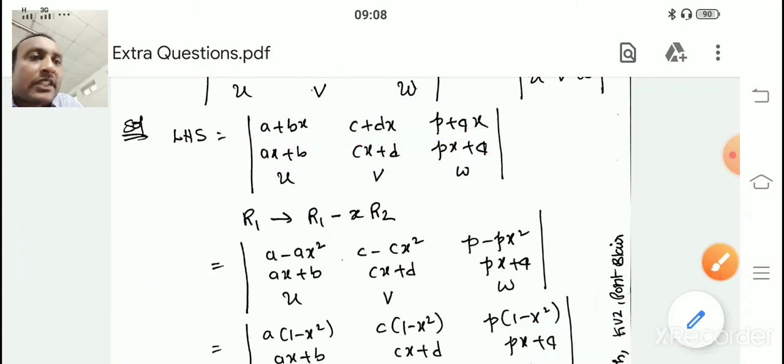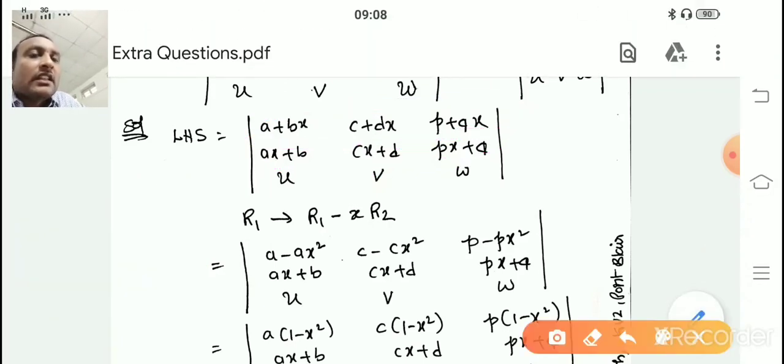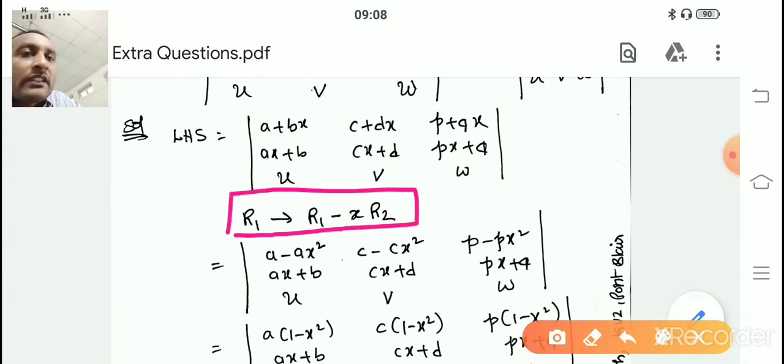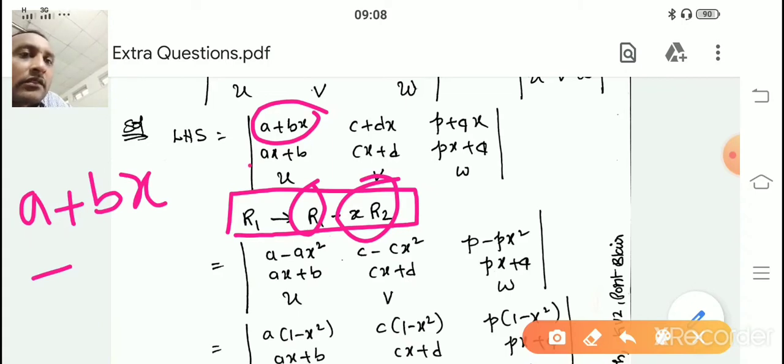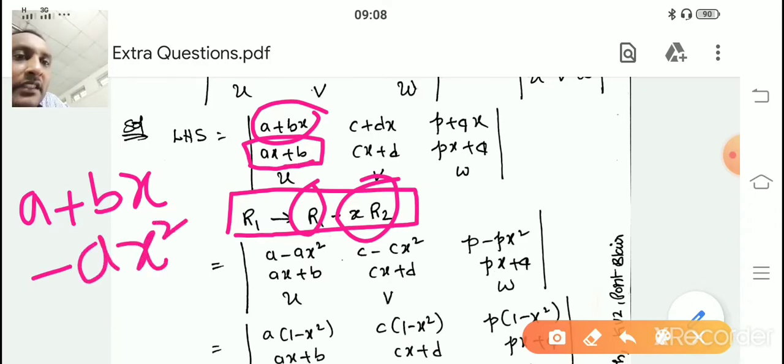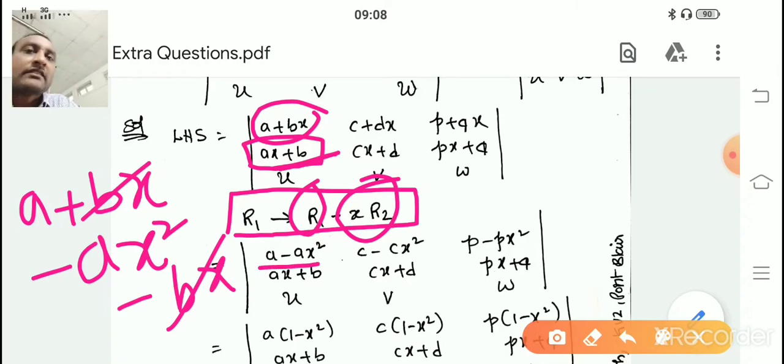That means row 1 minus XR2: a plus bx minus, from row 2, ax square plus bx, subtract. So minus bx plus bx cancel, and you get a minus ax square.